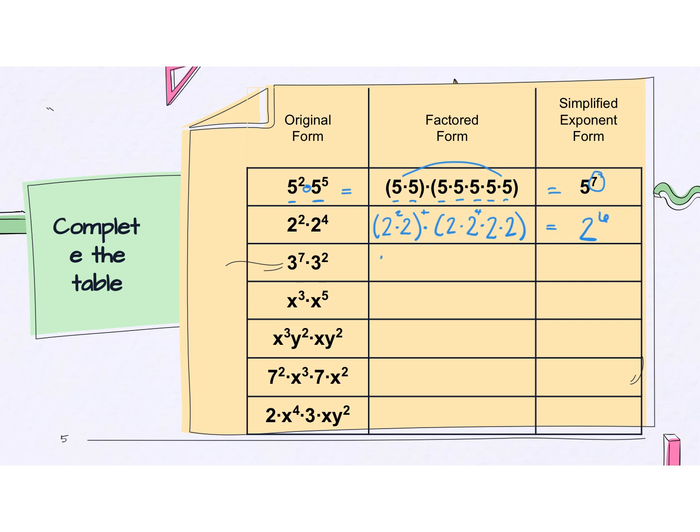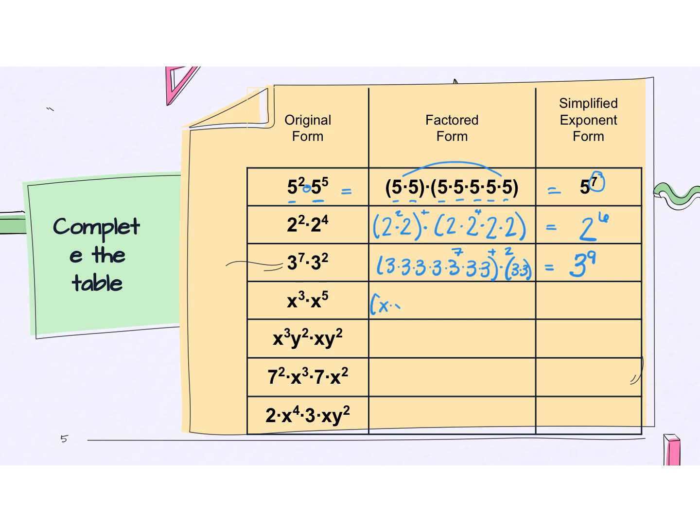Let's keep going. 3 to the power of 7, 1, 2, 3, 4, 5, 6, 7, and then 3 to the power of 2. How many do I have in total? I have 7 here, plus 2 more. That gives me 9. So that ends up being 3 to the power of 9. Have you come up with a rule? That's the question. Let's try the next one.